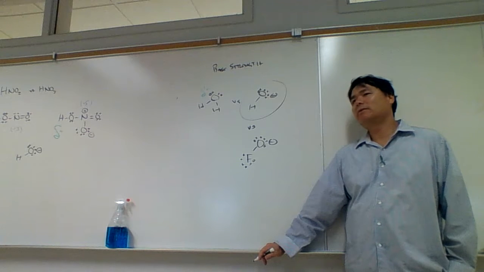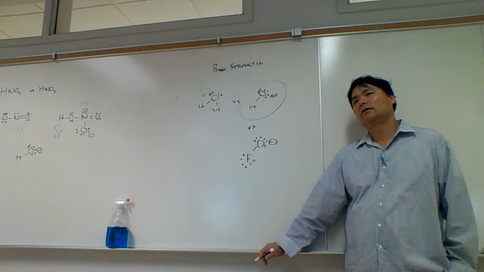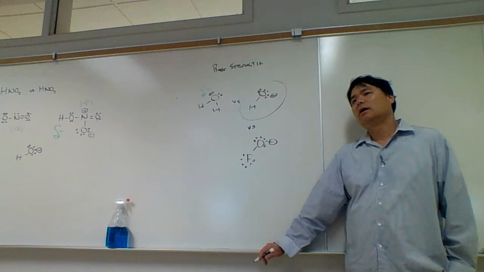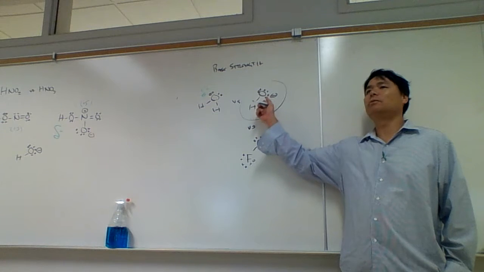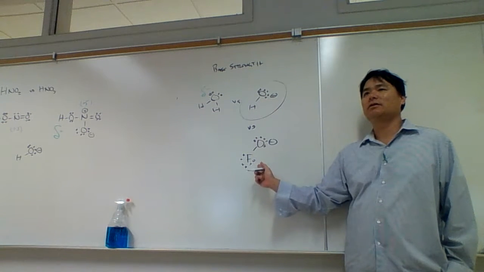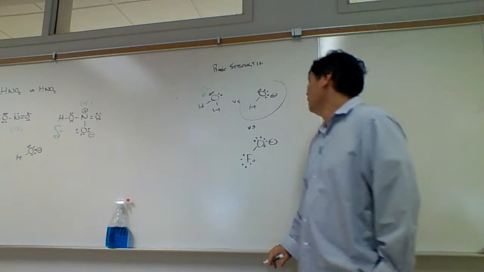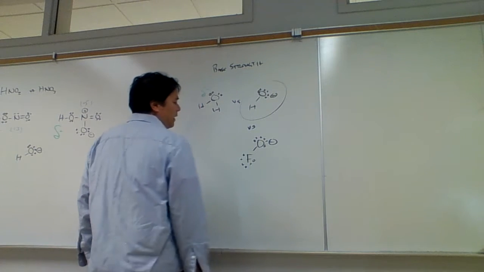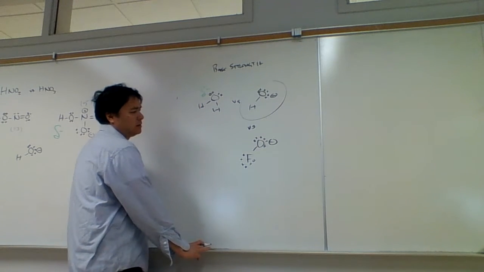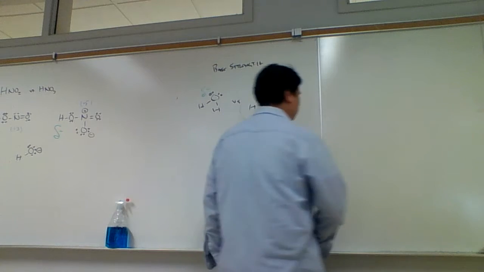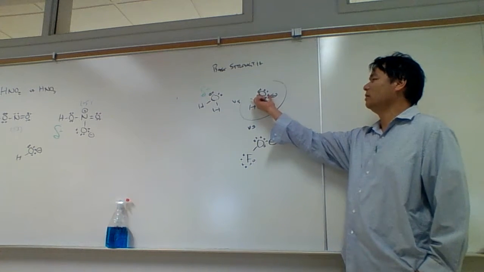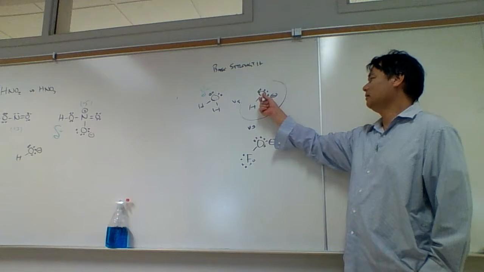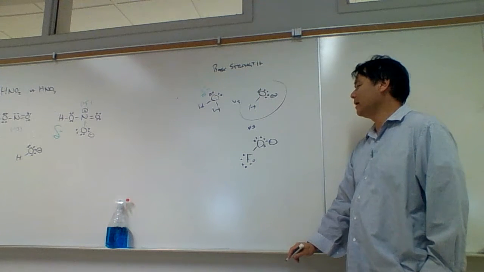More polar in what way, though? I mean, this would mean that oxygen would hold more electron density here. Okay, then the way I would think about it is a little bit different. The way I would think about it is that the more concentrated the negative charge on the active atom here, which is oxygen, the better the base.